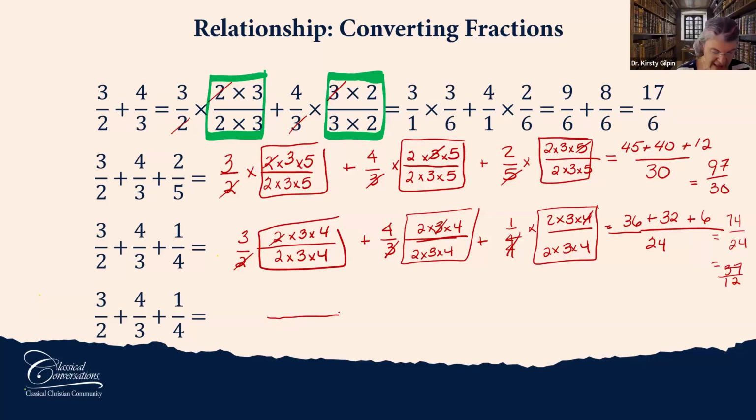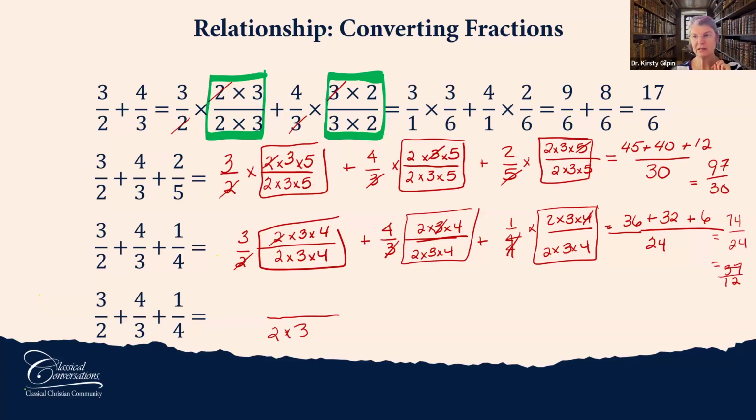So this is the pattern that you're not going to see in 4 examples, but over time, with practice, your students could start to see: I need a 2, I need a 3, but when I get to 4, I might go, well, I already have one factor of 2. So what else do I need?